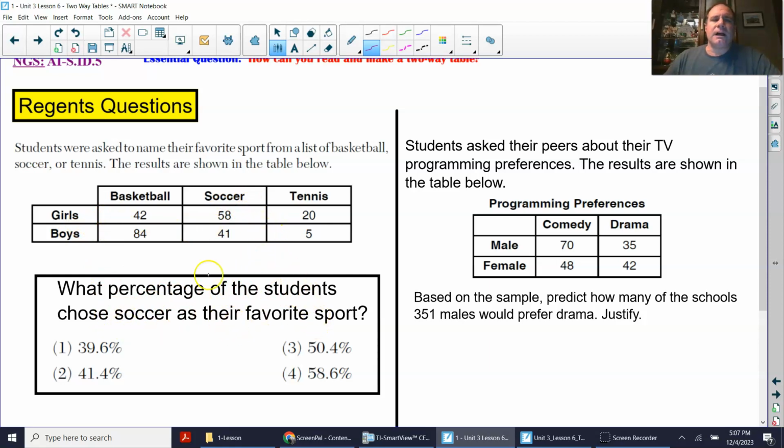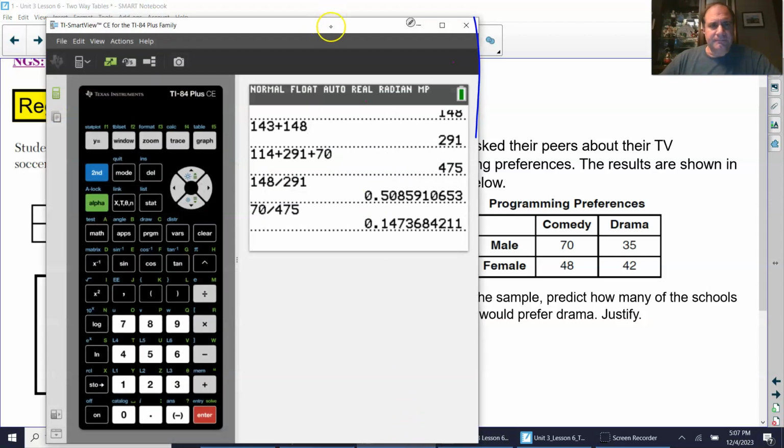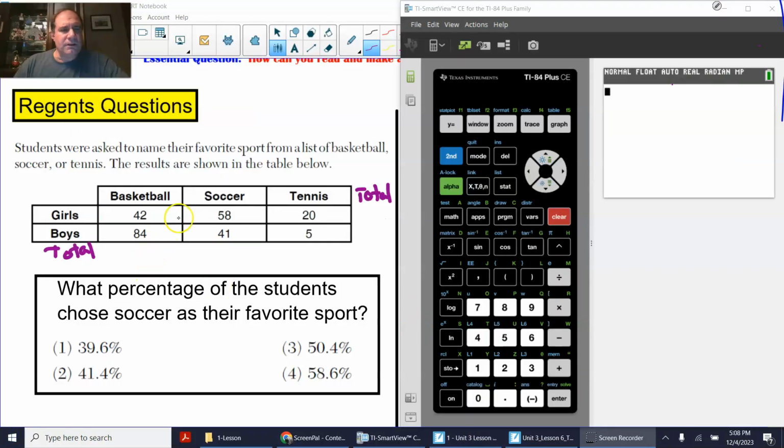So I'm going to have to do some addition here to get the total. One thing I do want to make sure of is that I have the correct numbers. So I'm going to do 42 plus 58 plus 20 on that first row, and I get 120. And then I have 84 plus 41 plus 5, and I get 130.